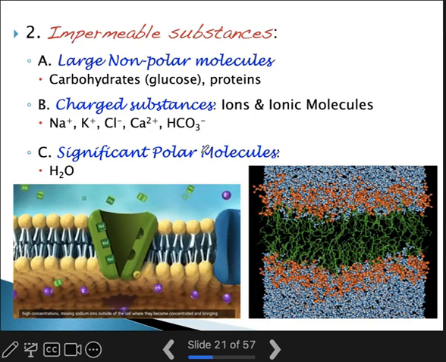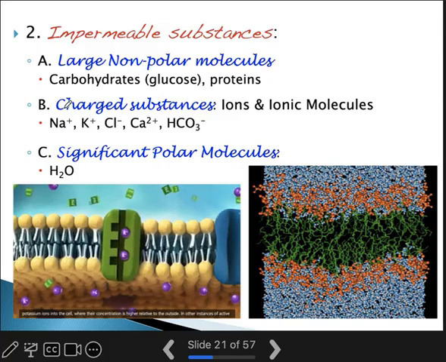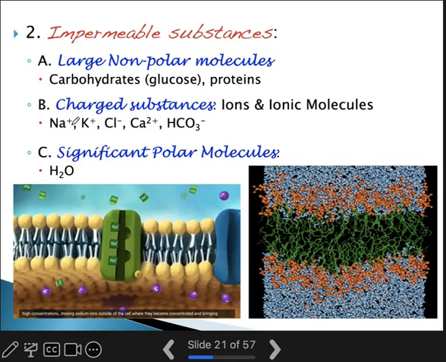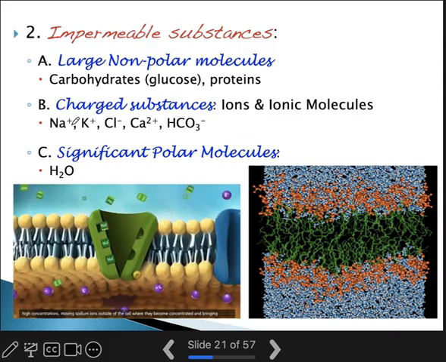Also, any of our charged substances. So those are going to be things like sodium, potassium, chloride, calcium. Those are not going to have free access. So even though they're tiny, I mean, sodium is 1 atom, it is not going to be able to navigate through that 40 carbon long hydrophobic core because it's charged.